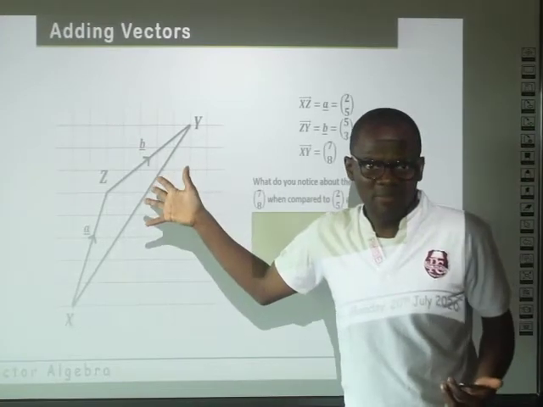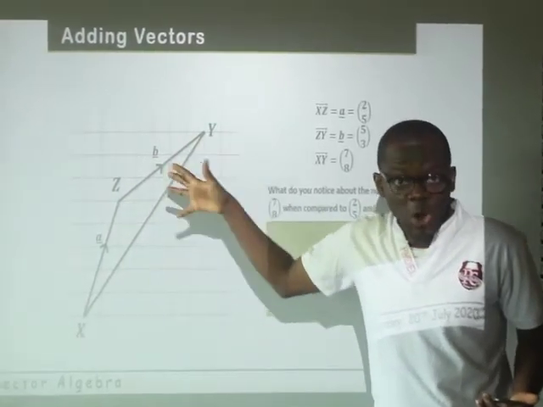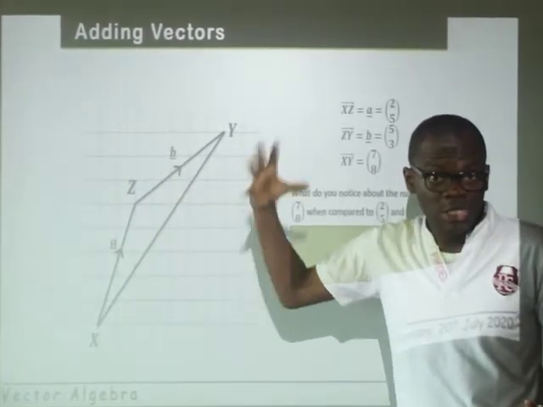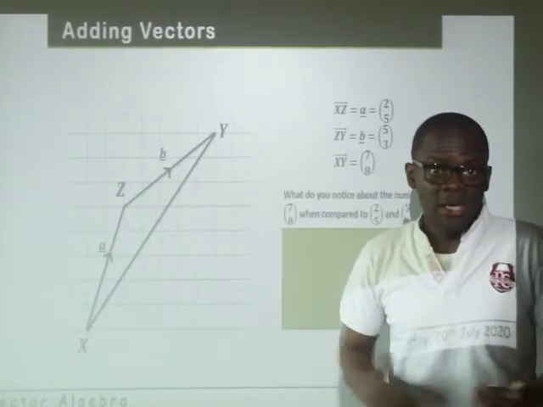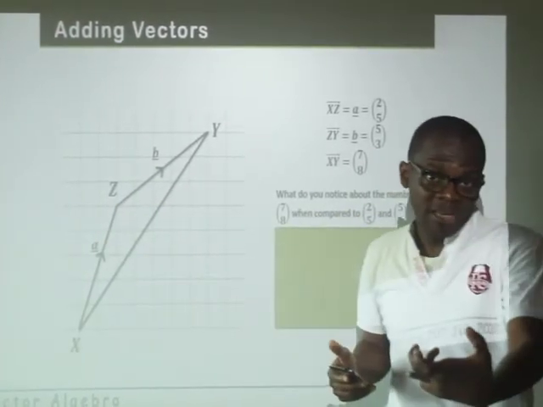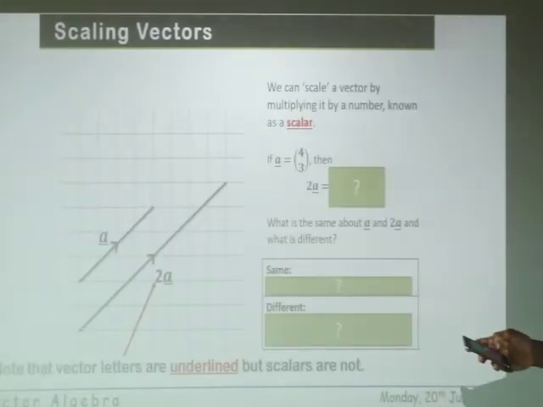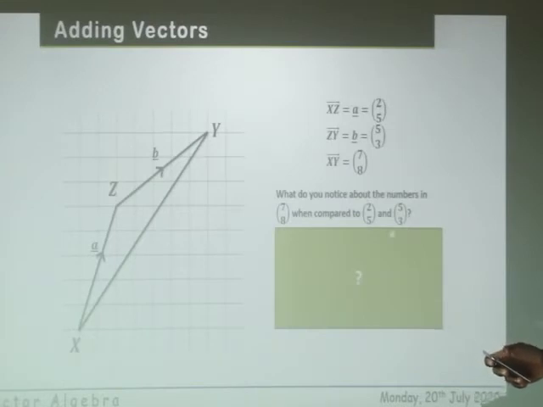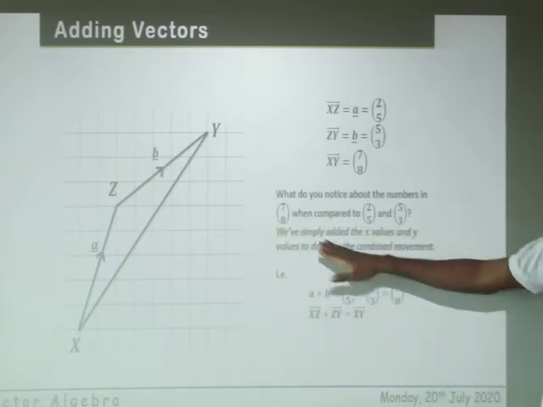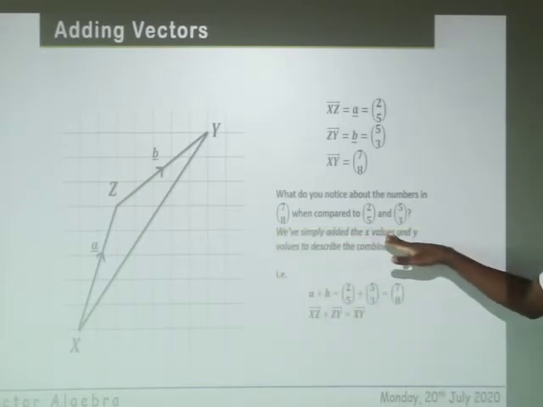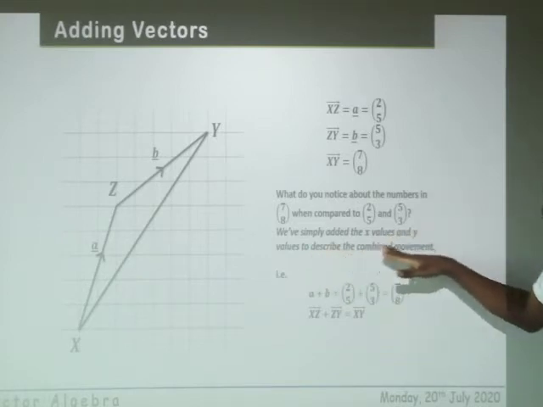Well, it's just like I've explained. It's the resultant. And when you find the resultant, you're simply combining the vectors. When you combine the vectors, you're simply adding vectors together. Okay? Oops, sorry. So let me just review what I have here. Right? So we've simply added the x values and y values to describe the combined movement.